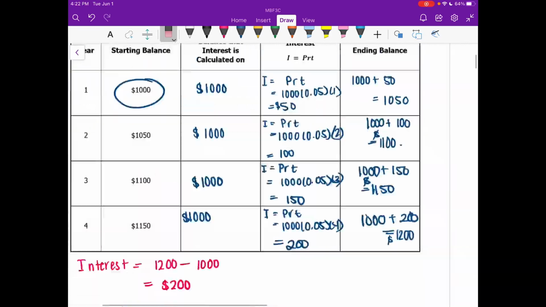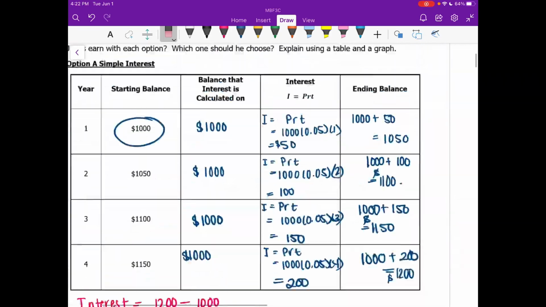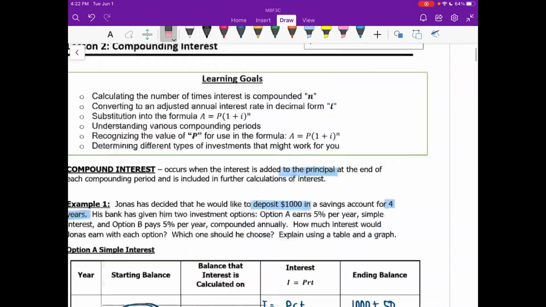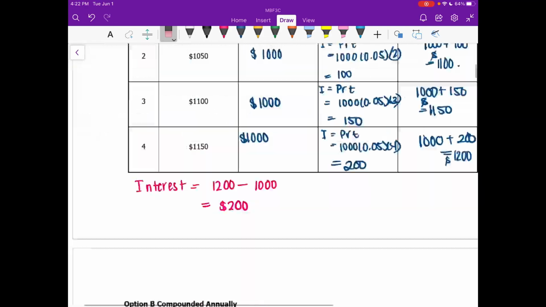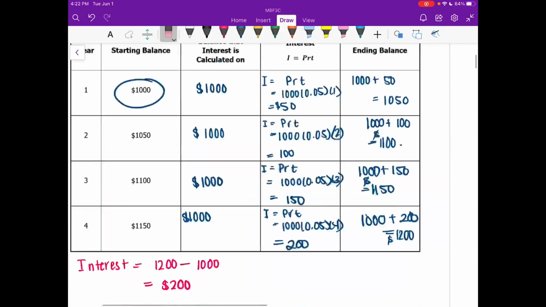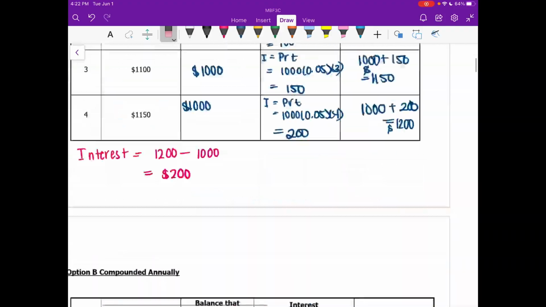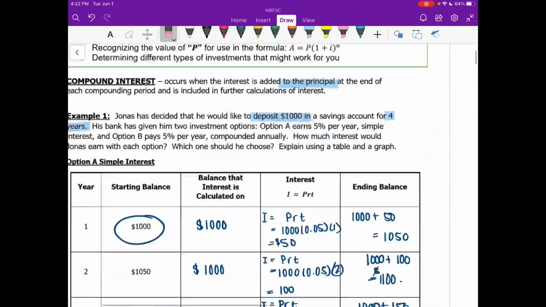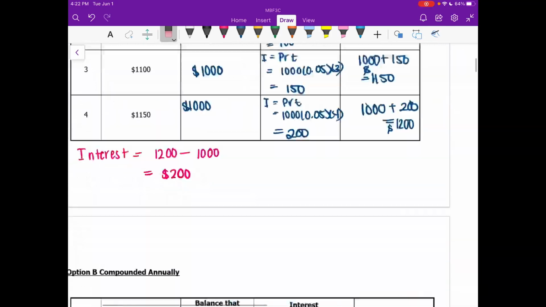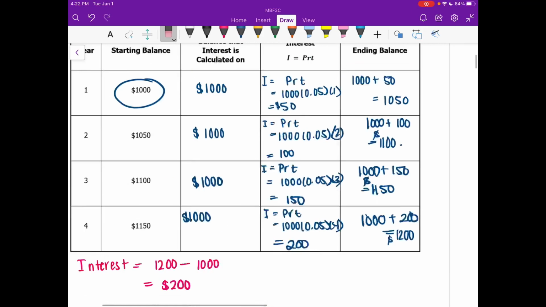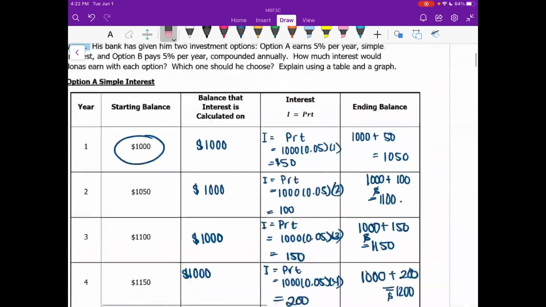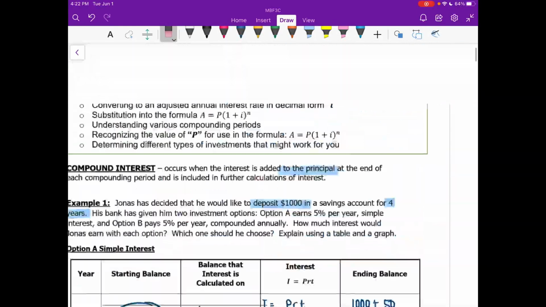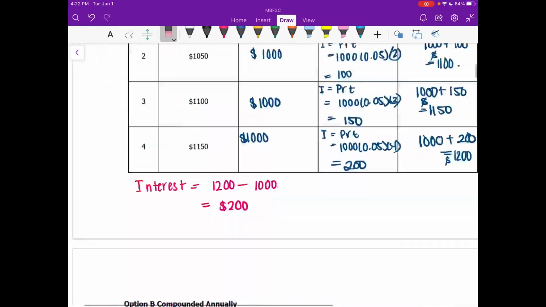The number of compounding periods per year is going to be 12 because there are 12 months in the year, and the number of years is 3. So n is equal to 12 times 3, which is 36.